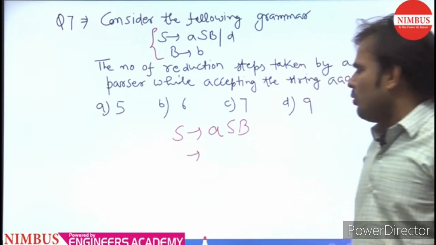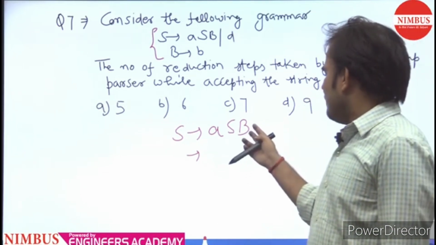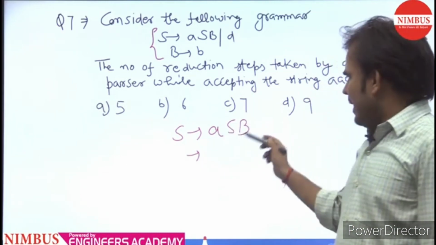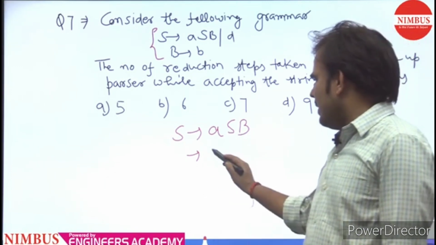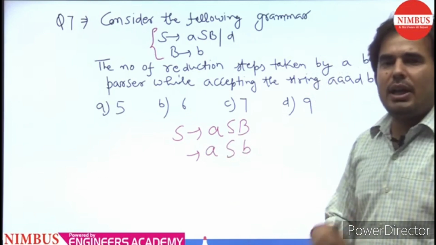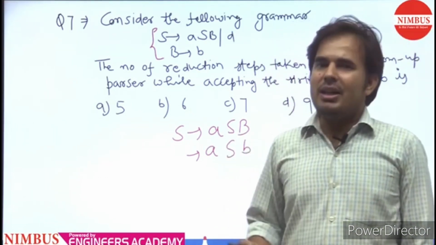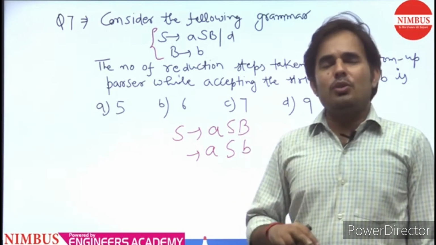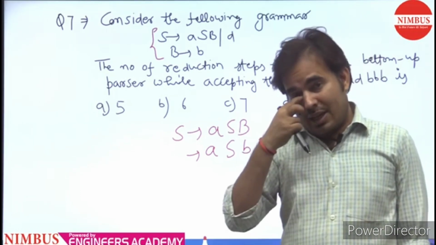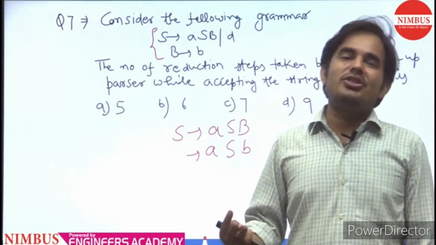In a bottom up parser, we replace the rightmost variable first. So A S and this B. As we know that in a bottom up parser, when we generate a string, we need to replace the rightmost variable first, in each and every step.